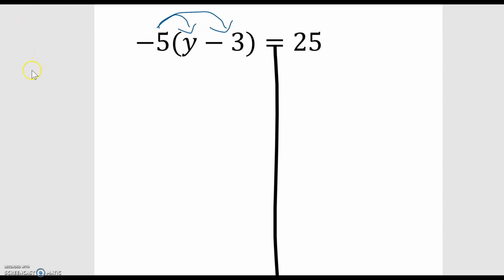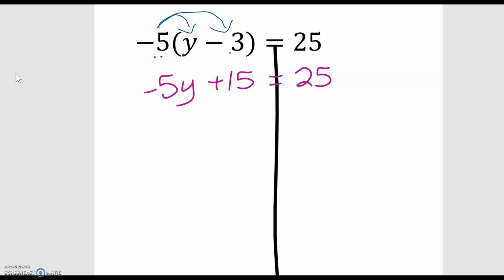So when we multiply the first one, -5 times y gives us -5y. And then we have -5 times -3. Negative times a negative gives us a positive, and that will be a positive 15. We have not done anything to the right side. All we did was distribute on the left side.